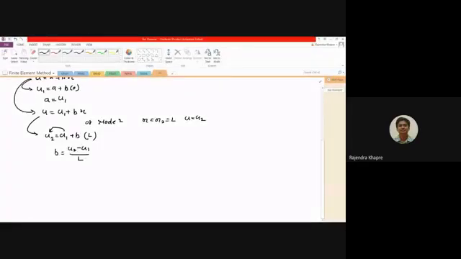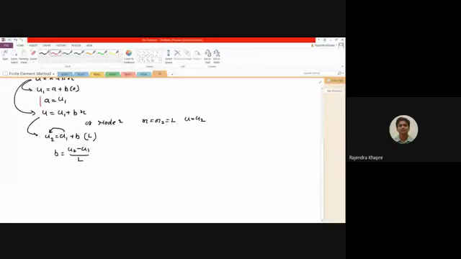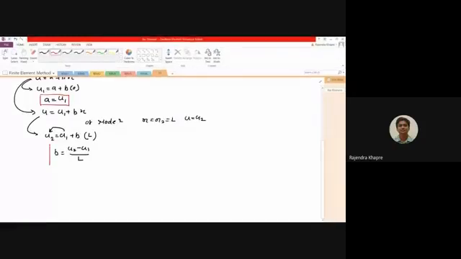So basically what we have done over here is we have found out the unknown constants a and b. They are now in terms of u2 and u1.